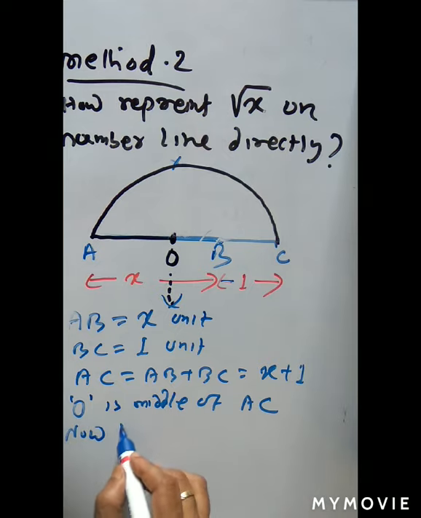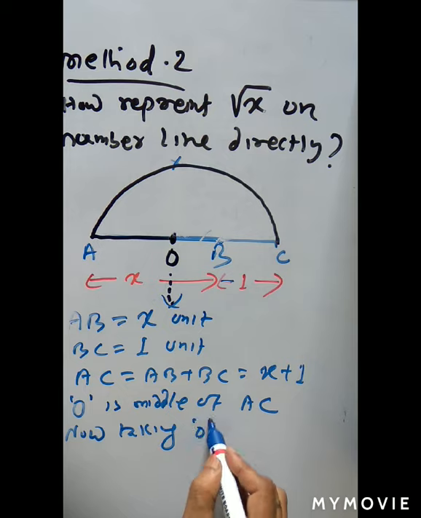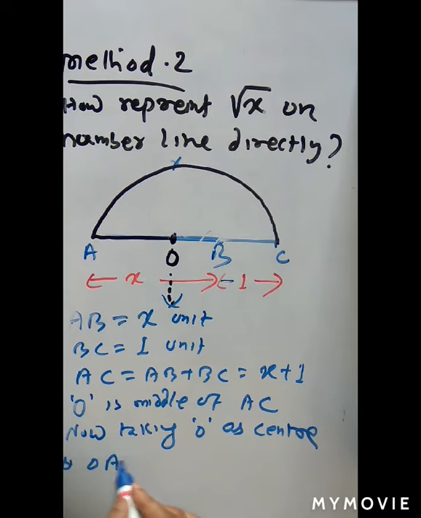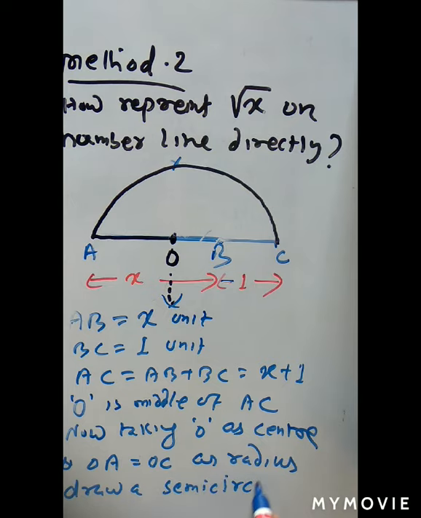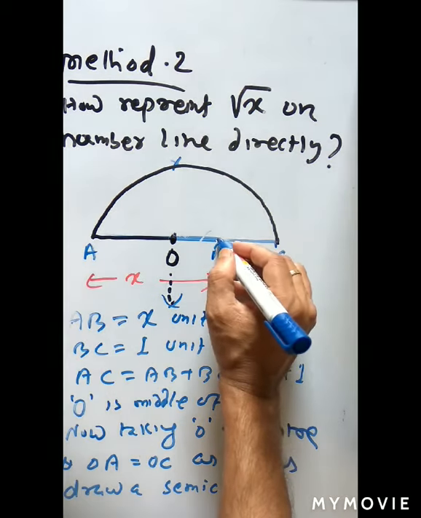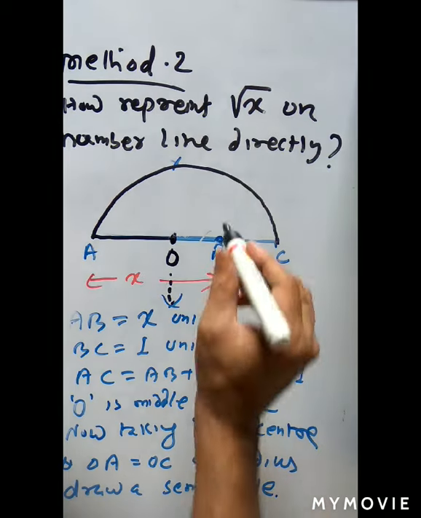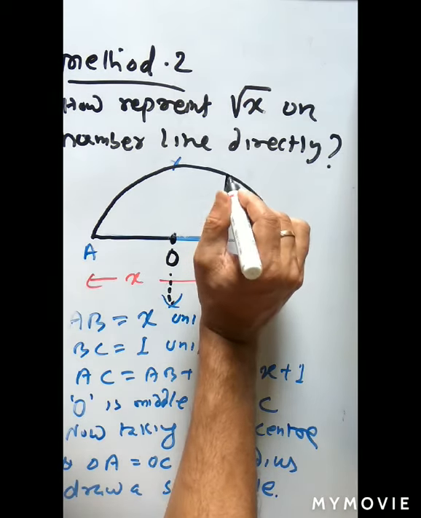Now taking O as center and OA, which is nothing but OC, as radius, draw a semicircle. Is it clear? Now from point B, draw a vertical line.